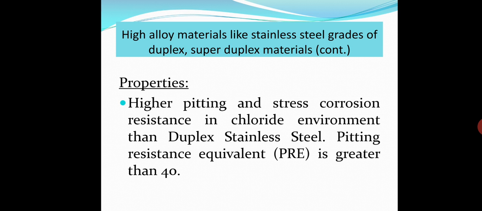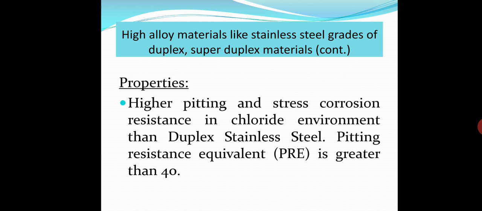So where corrosion is of a high degree, to avoid it, one will choose super duplex stainless steel instead of duplex stainless steel, because the corrosion resistance property in chloride environment for super duplex material is higher than duplex stainless steel.